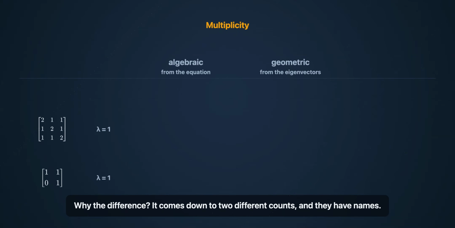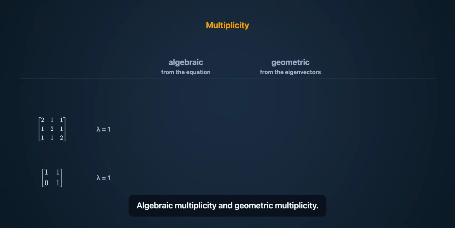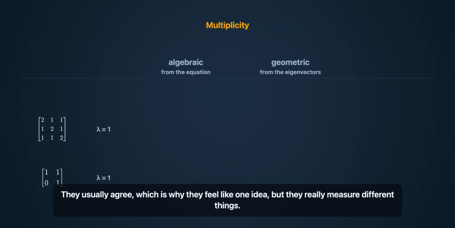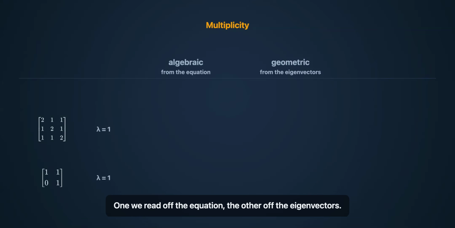Why the difference? It comes down to two different counts, and they have names: algebraic multiplicity and geometric multiplicity. They usually agree, which is why they feel like one idea, but they really measure different things. One we read off the equation, the other off the eigenvectors.